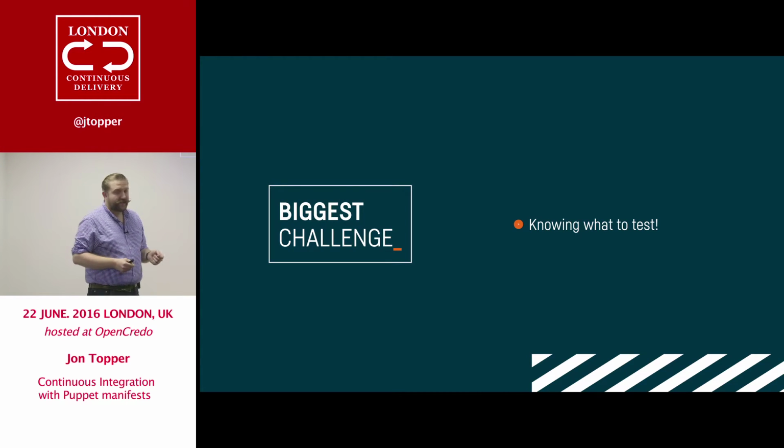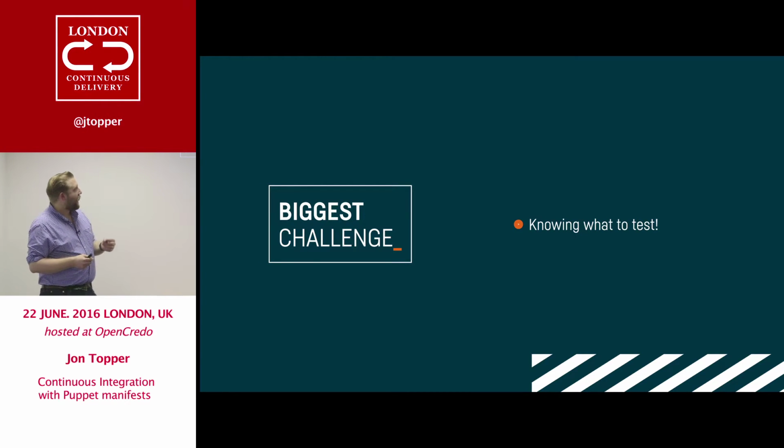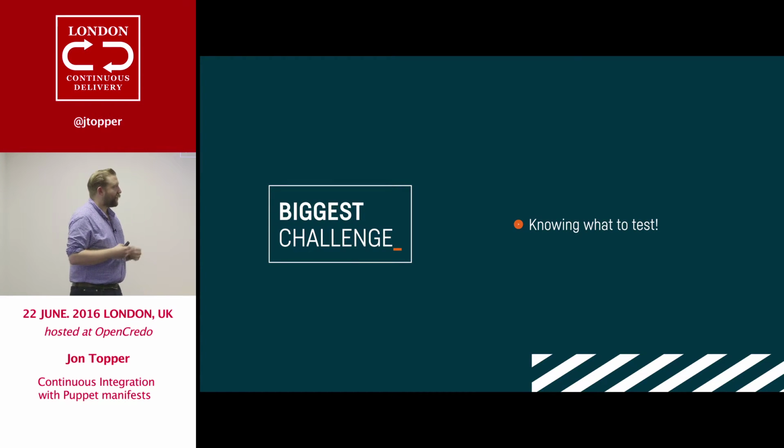Actually, the biggest challenge in testing this stuff is knowing what to test. There's a lot of stuff on the interwebs about how to test infrastructure, how to test configuration management tooling. The majority of it is how-tos and blog posts from people who've set the test tooling up, and then haven't really got any further with it because it's been too hard or they've had other things to do.